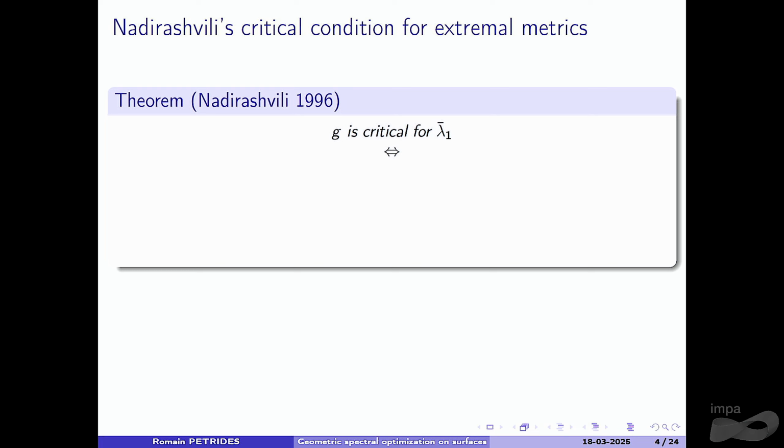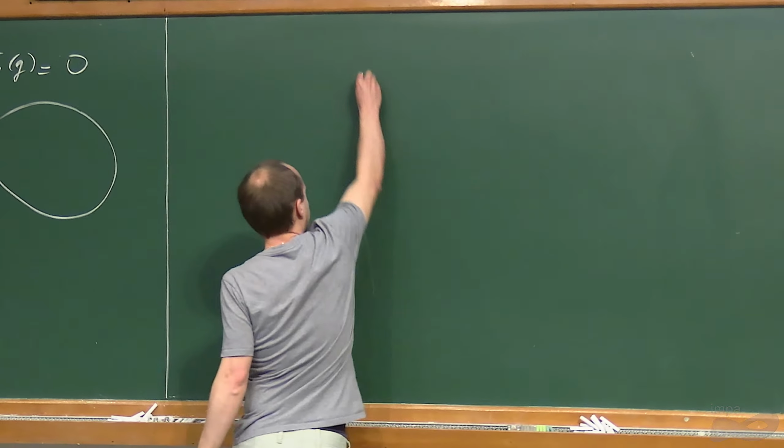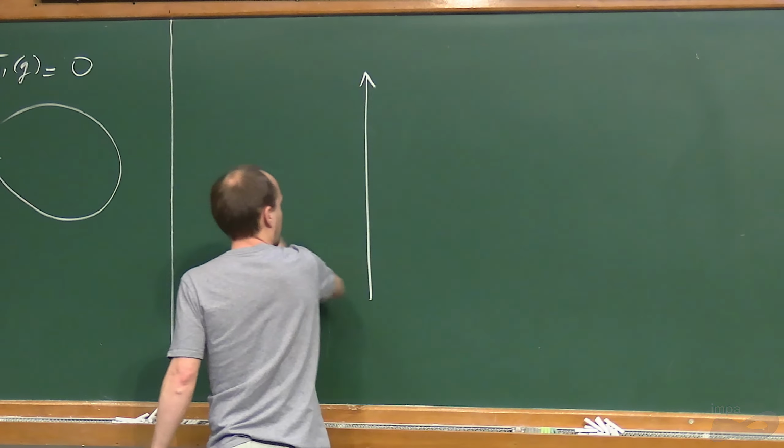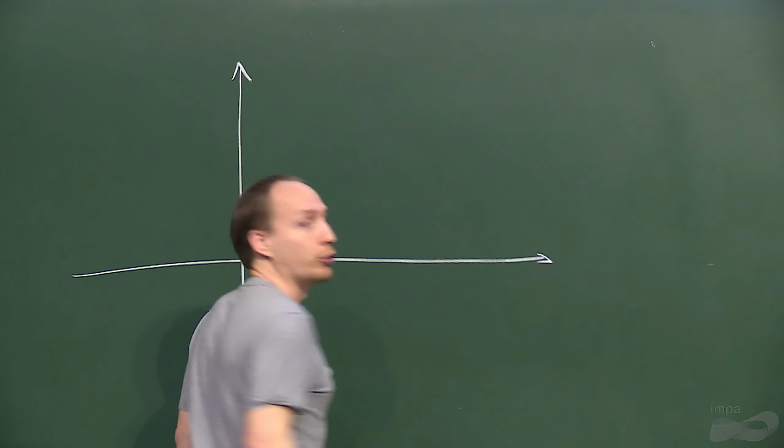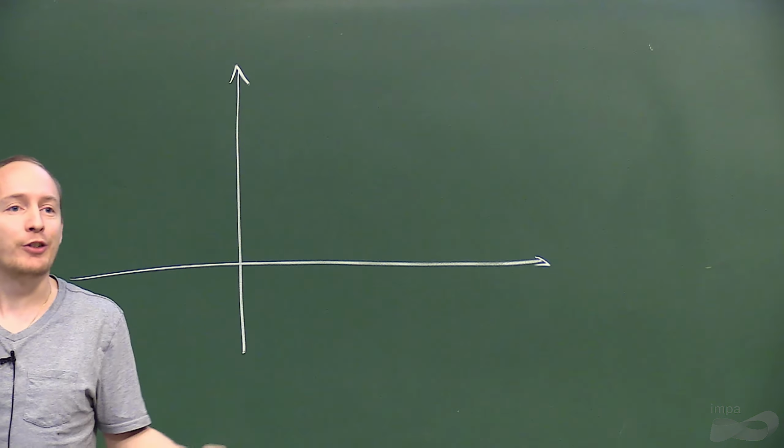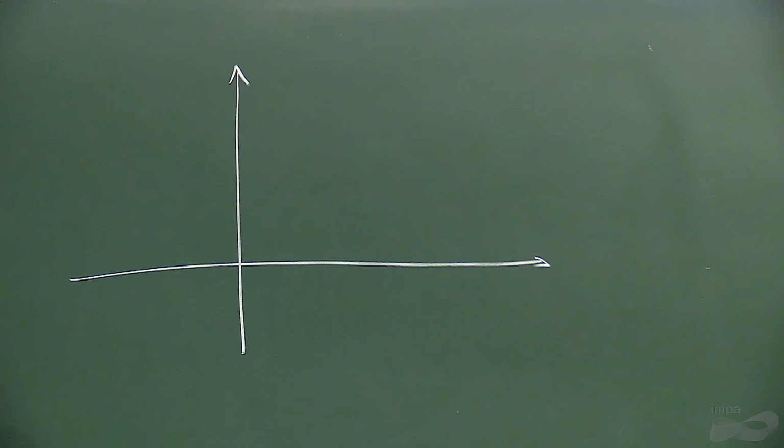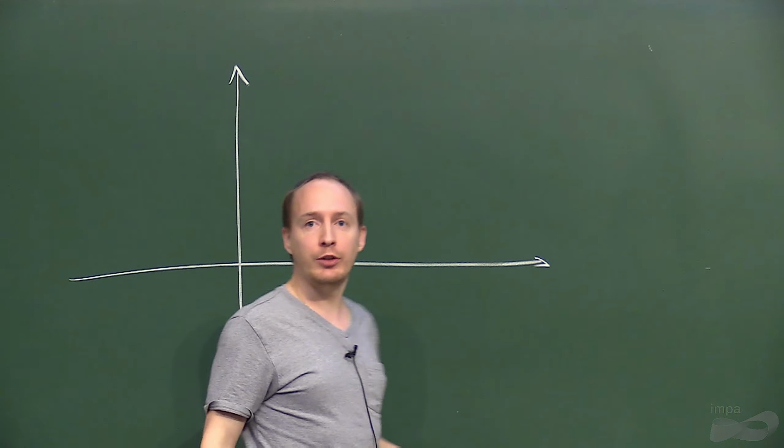If g is critical for lambda 1, so what does critical mean? Critical is like you want the differential to be equal to 0. But lambda 1 is not a C1 functional.